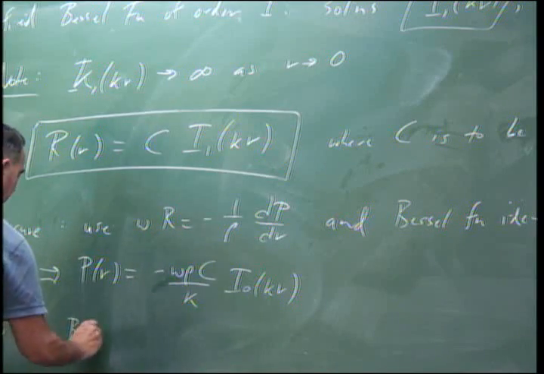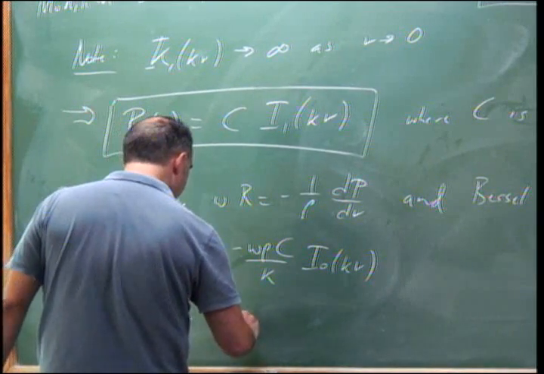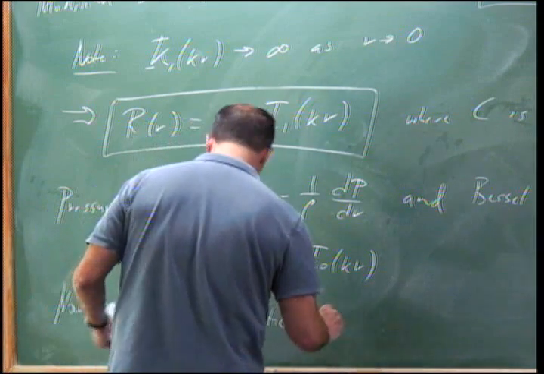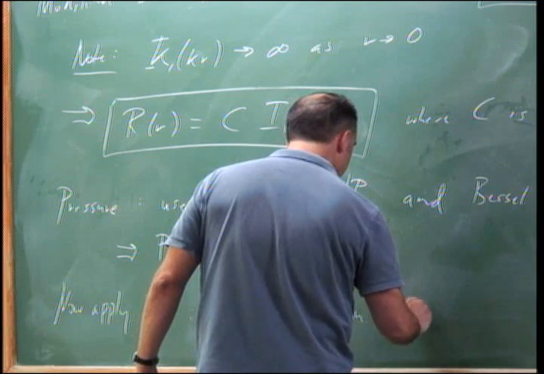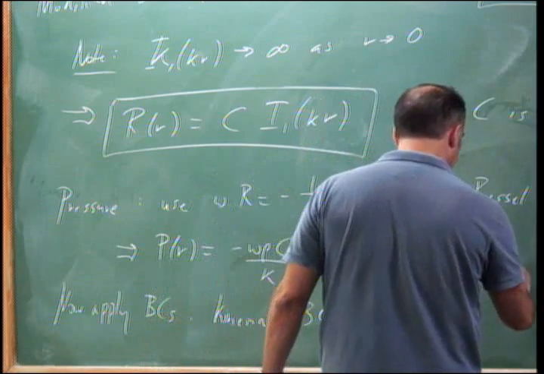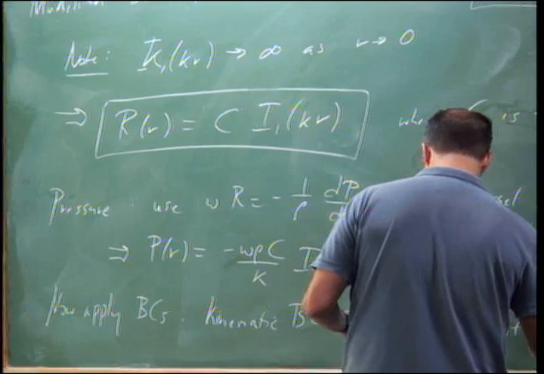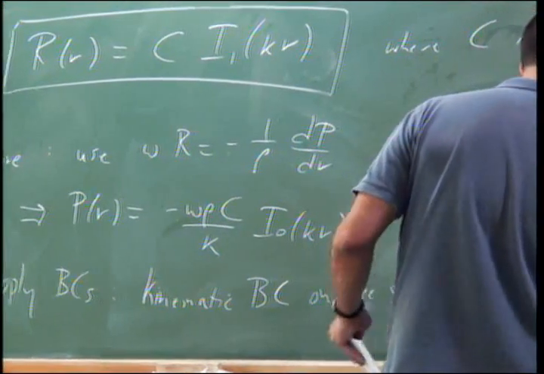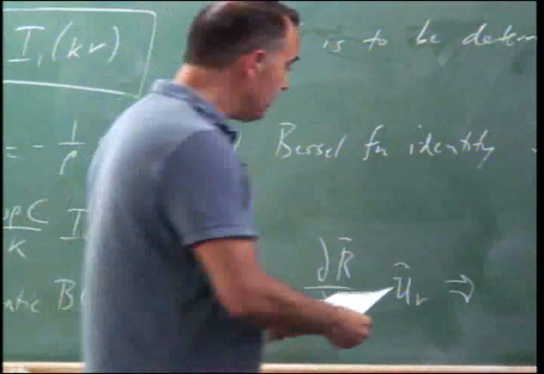Now we're going to apply the boundary conditions. So the kinematic condition: that's just saying that the rate of change of the radius is equal to the local radial velocity.